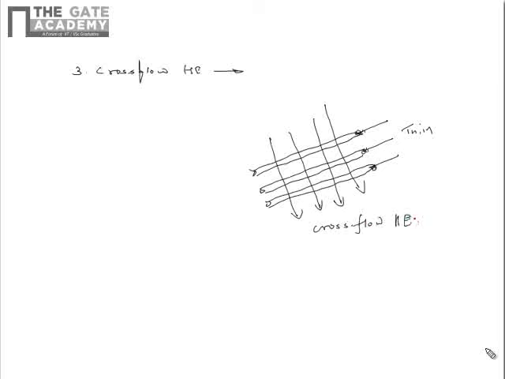Cross flow heat exchanger can be of two types: mixed flow heat exchanger and unmixed flow heat exchanger. So what is mixed flow heat exchanger and what is unmixed flow heat exchanger?